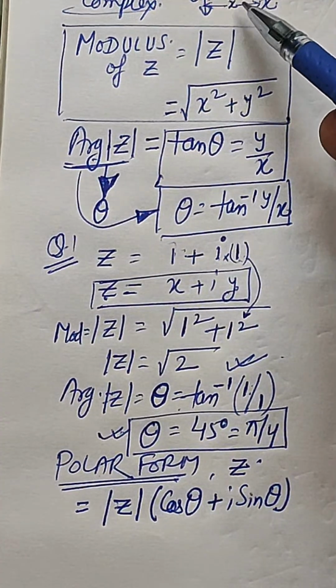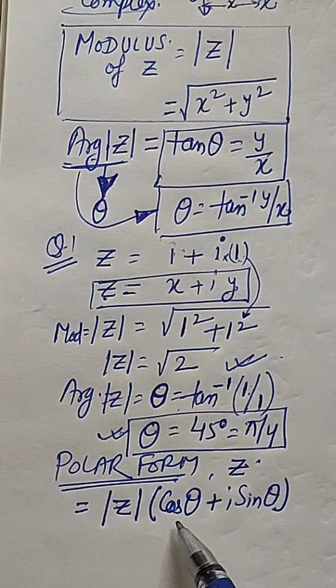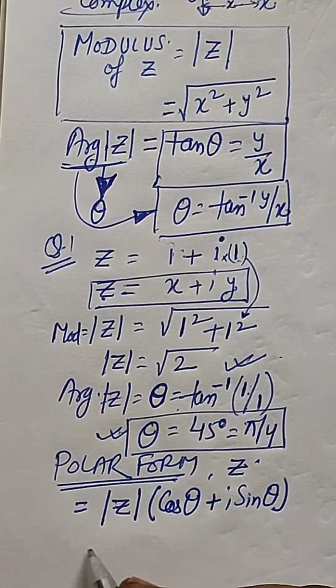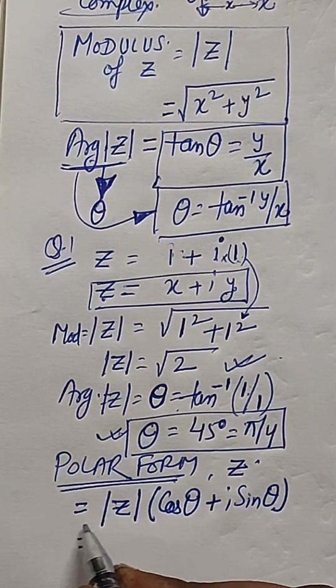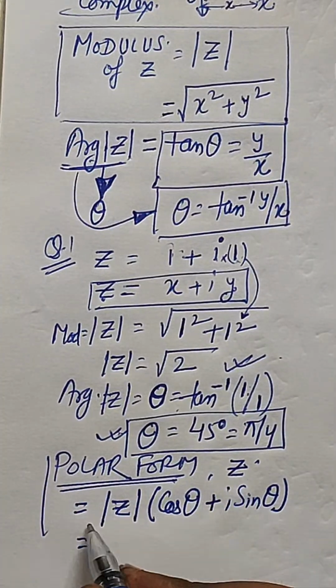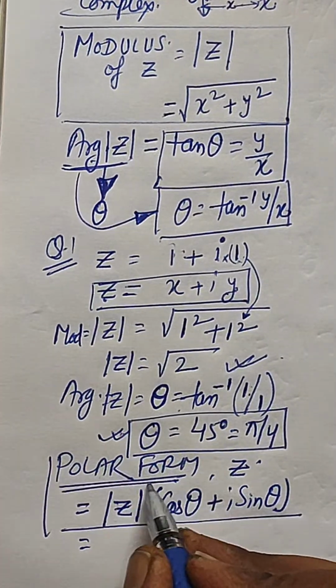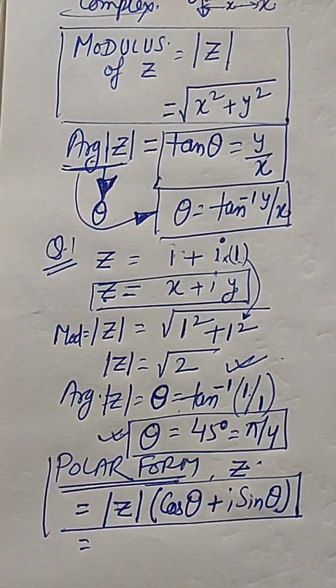As you see in the base and perpendicular, the same over here. Just remember this one, the polar form: z equals modulus of z times cos theta plus i sin theta, right?